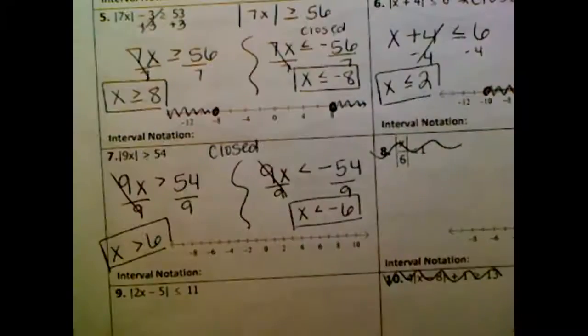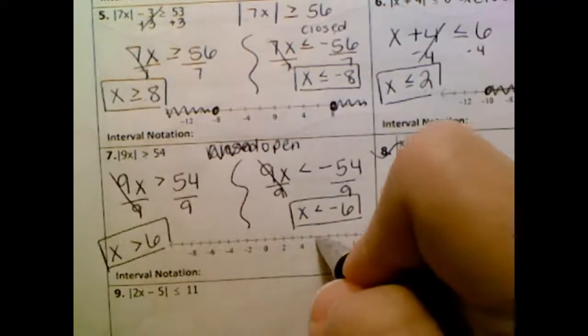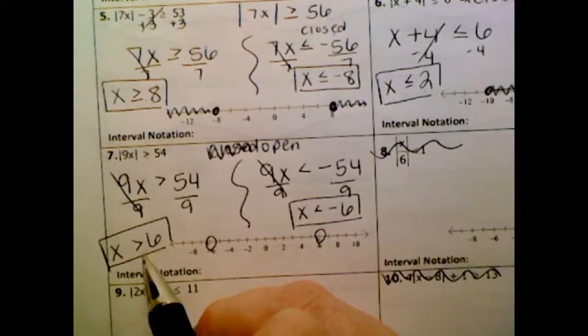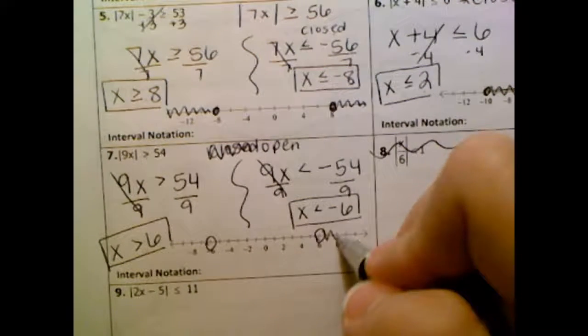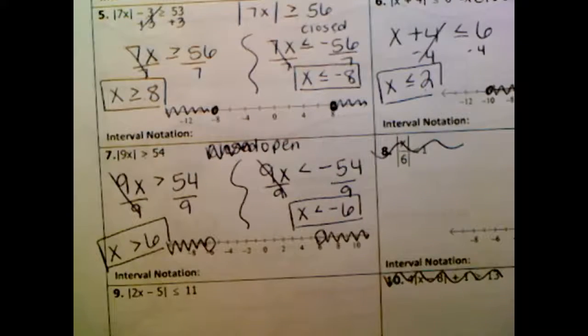These are, sorry, I should say not closed, open circles. An open circle at 6, open circle at negative 6. Looking at the 6, I want all the numbers that are greater than 6, to the right. Looking at the negative 6, all the numbers that are less than, to the left.